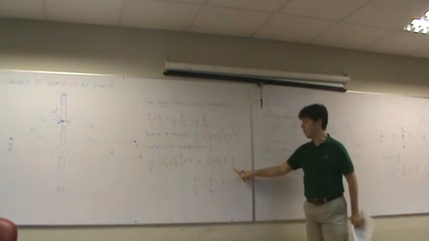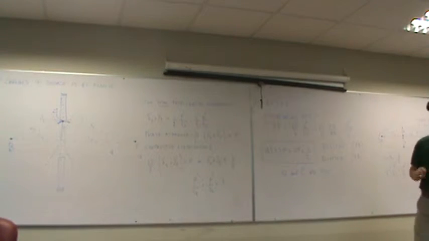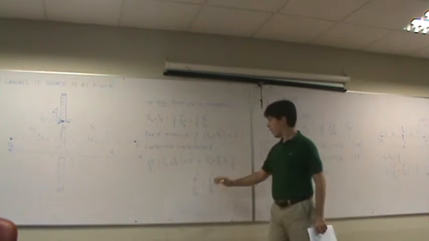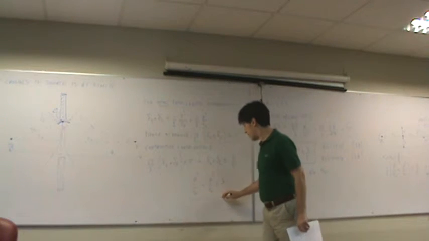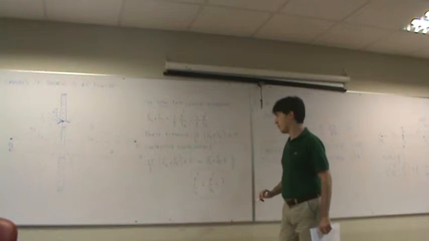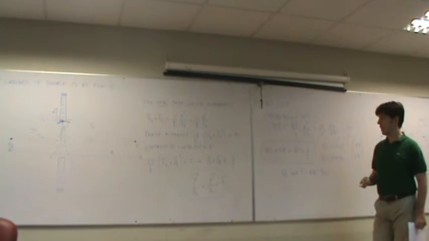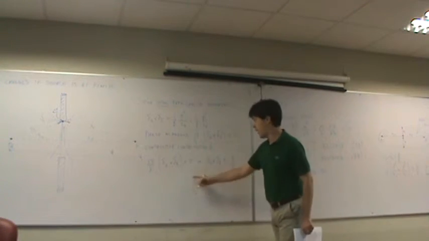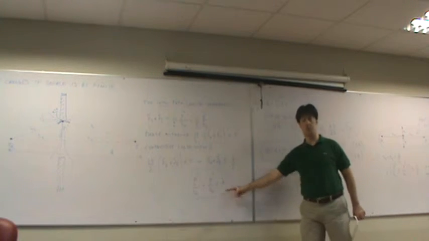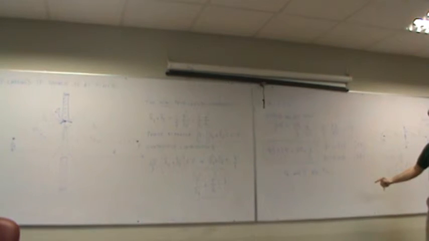I just cancelled all the factors. And you say, okay, if I want to draw this equation, what does it describe? This is the equation of an ellipsoid. It is exactly the same thing as here.